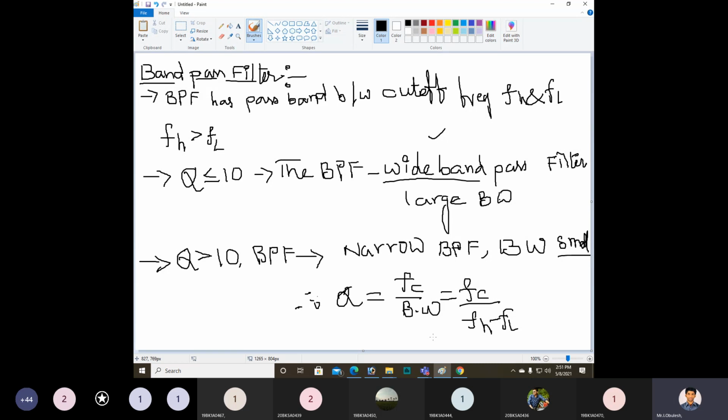So, a band pass filter has a pass band between two cutoff frequencies FH and FL, such that FH is greater than FL. Any input frequency outside of this pass band is attenuated. Here we have two types of band pass filter based on figure of merit, or quality factor.